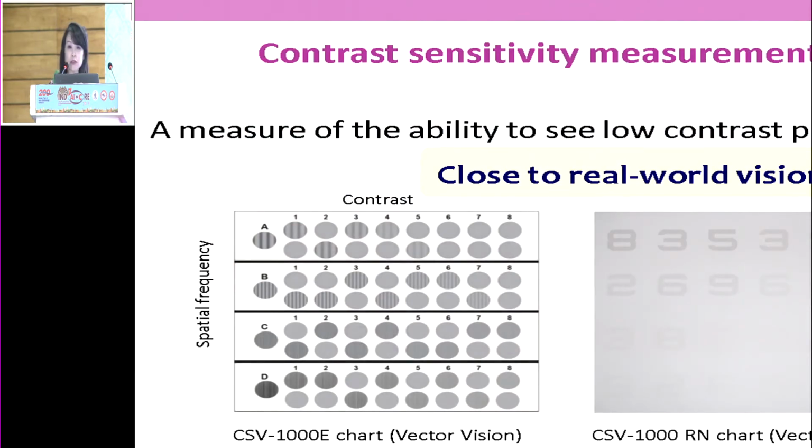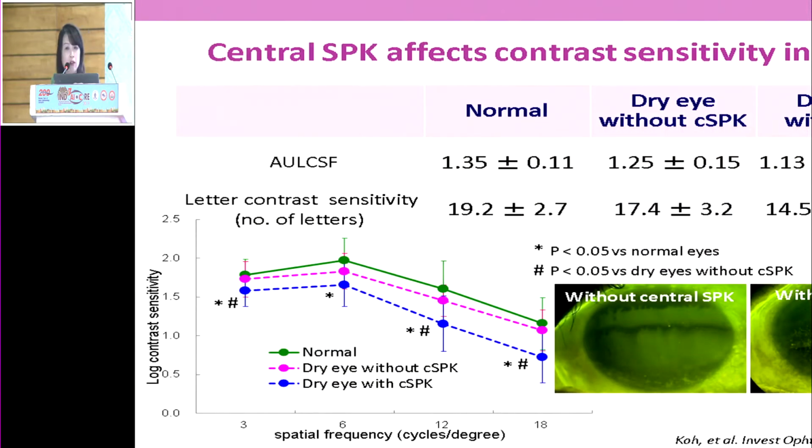Shown here is a contrast sensitivity chart. Contrast sensitivity provides a measure of the ability to see low contrast patterns, which is actually closer to real-world vision. We also measured contrast sensitivity in dry eye patients. The blue one is dry eye with central SPK, and the pink one is dry eye without central SPK.